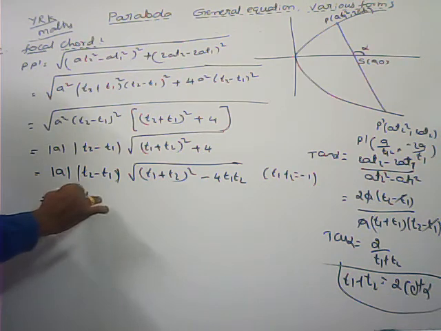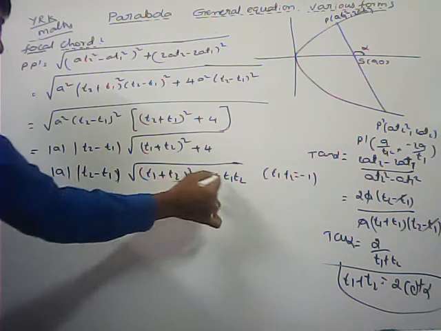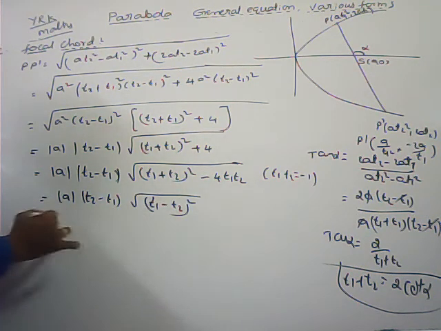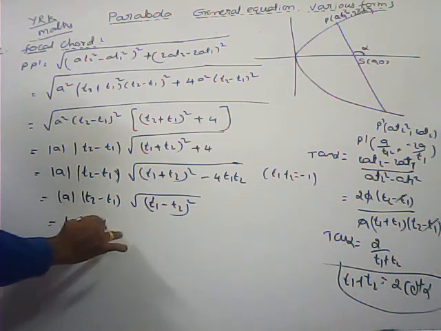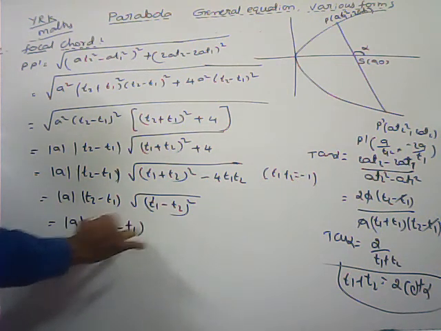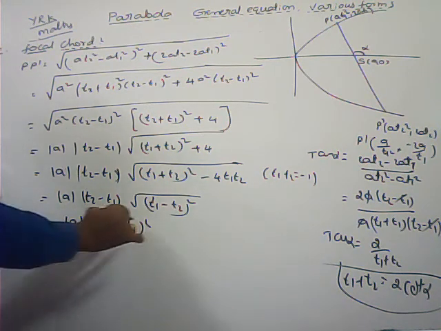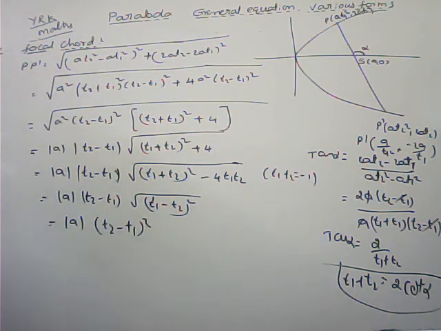Modulus of a, t2 minus t1, square root of (a plus b) whole square minus 4ab. Here we can write (a minus b) whole square. So again modulus of a, modulus of t2 minus t1 into modulus of t2 minus t1, modulus of t2 minus t1 whole square we can get.